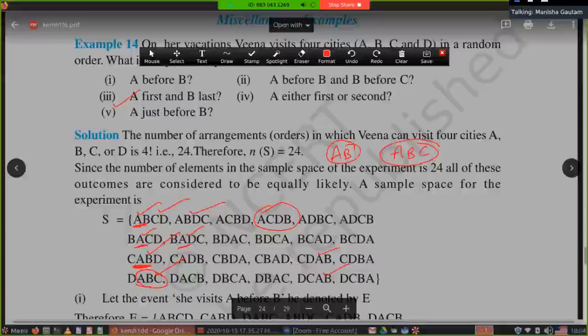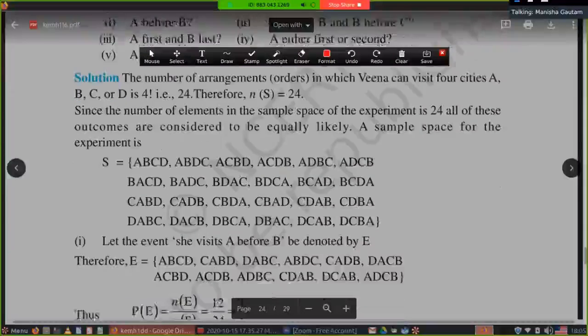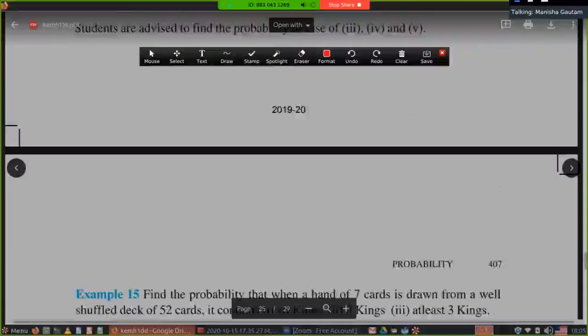I have told you which cases you have to add. Now you can do the question, this example number 14. How to make the sample space, I have told you. What the question says in all the parts, I have just discussed all these cases. You do it on your own now.